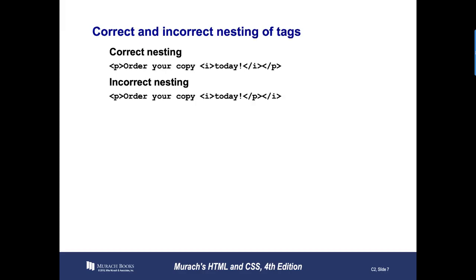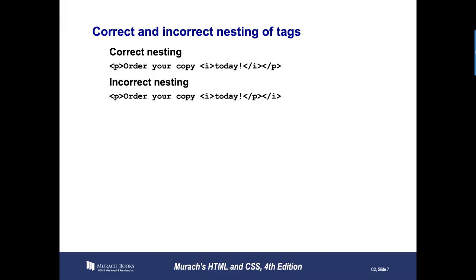Now, it's important that when you nest tags, you get the order correct. So in this example, under correct nesting, we start with a paragraph tag, and then we say order your copy. And then we have this I tag, which will italicize text on the screen, and a closing I tag, right? So today, exclamation point, will get italicized.